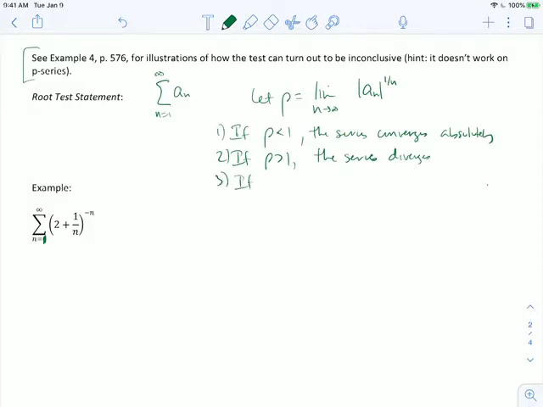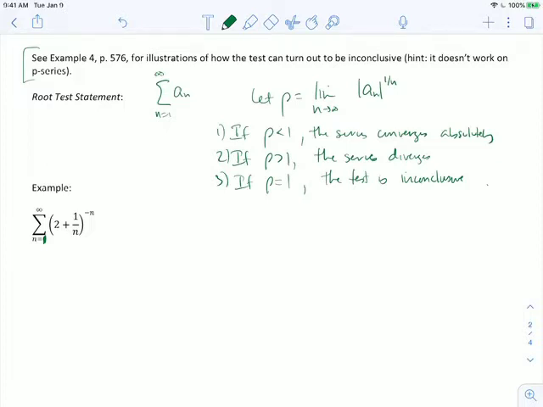And 3, if rho is equal to 1, the test is inconclusive. The root test is particularly useful when our general term is a power, and particularly an nth power, because we're taking the nth root. We're going to be able to multiply exponents, and things will simplify pretty nicely for us, generally speaking.